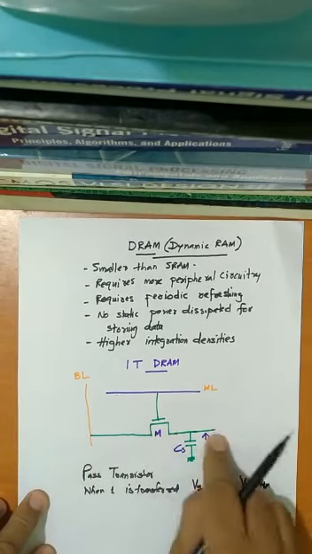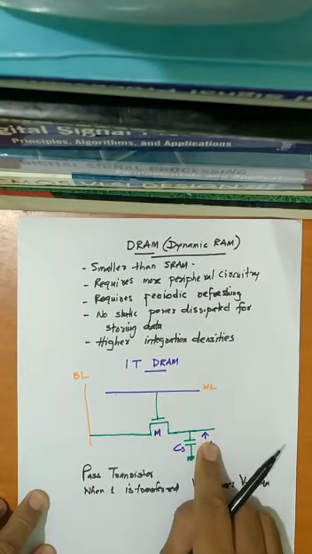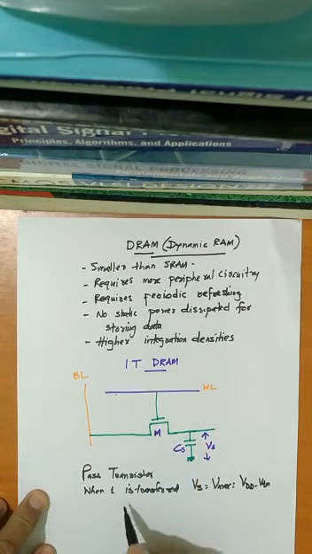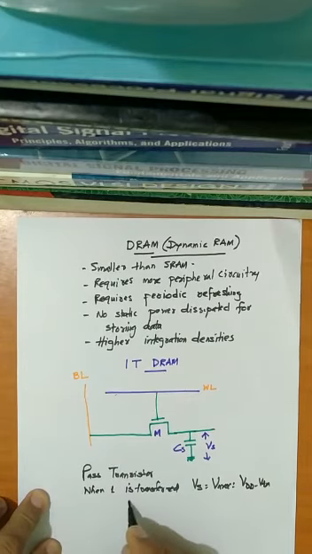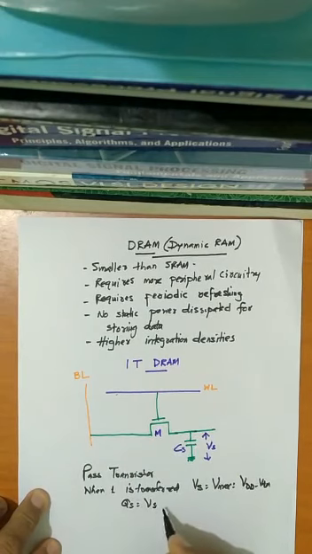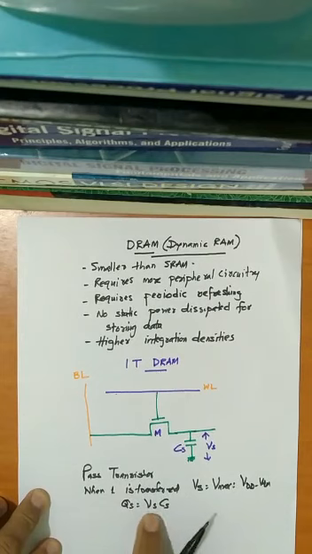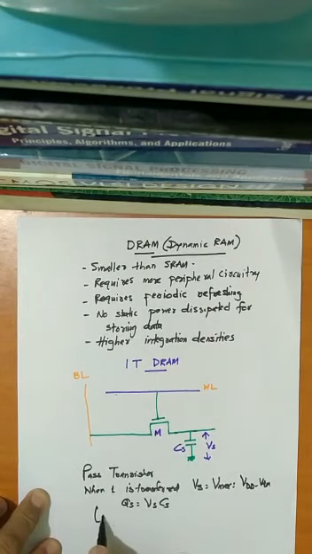So the charge stored in this capacitor, QS, equals Vs into CS. When Vs equals 0, Qs equals 0, that is the logic 0. So for logic 0 operation, Vs equals 0 and Qs equals 0.